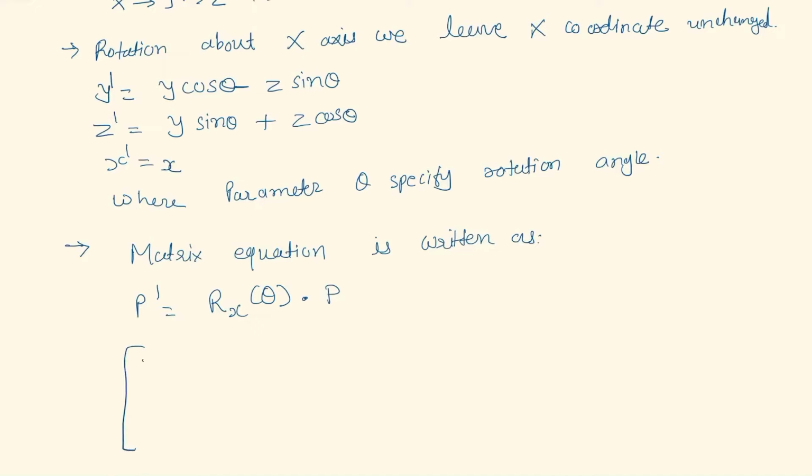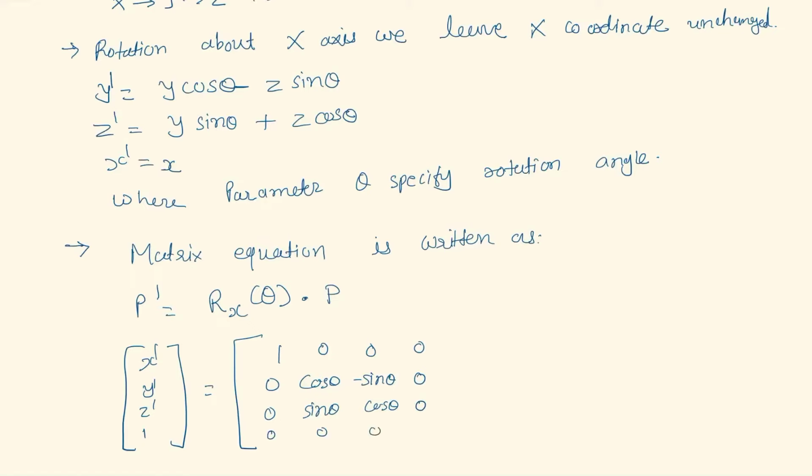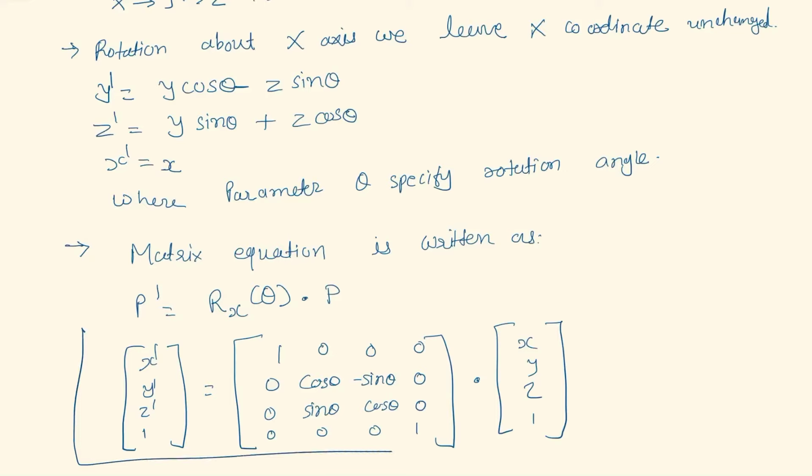So the value of P dash, that is x dash, y dash, z dash, 1, is equal to the matrix 1 0 0 0, 0 cos theta minus sin theta 0, 0 sin theta cos theta 0, 0 0 0 1, into x y z 1. So this is the matrix equation for the x axis, right?